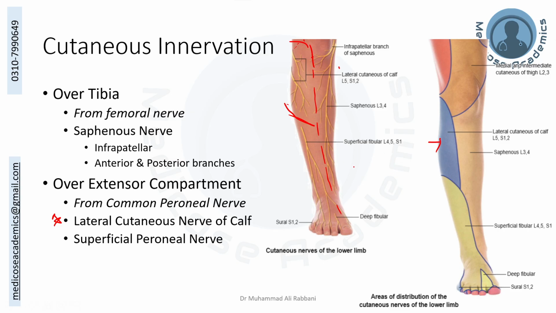Below that, the area shown in green is supplied by the superficial peroneal nerve, or superficial fibular nerve, which supplies the lower half of the lateral surface of the calf and goes all the way to supply the dorsum of the foot also. We will discuss it further in the dorsum of the foot.